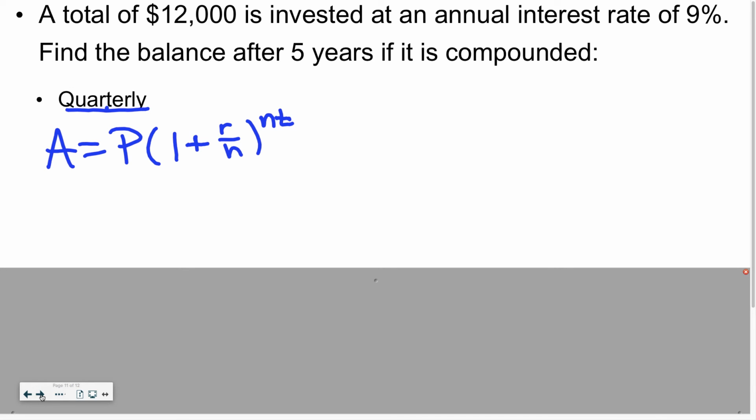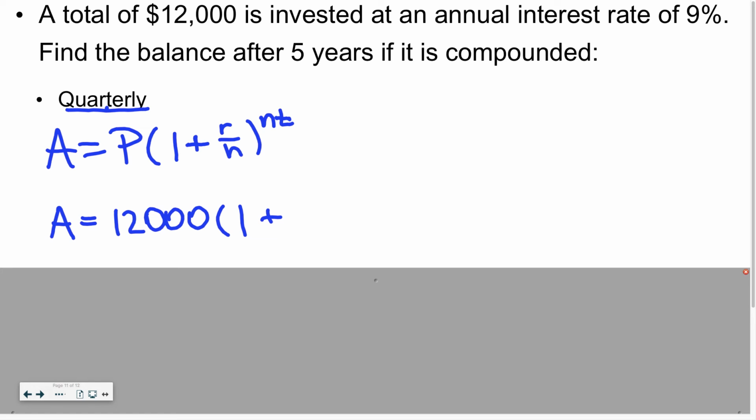Whatever we begin with is our principal. So 12,000 is our principal. That's how much we put into our savings account, or if you had a loan, that's how much you took it out for. Is our rate 9?